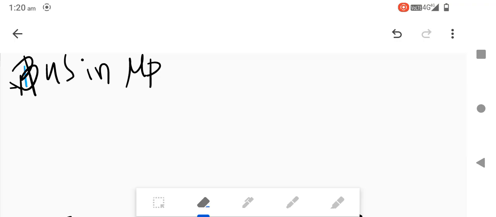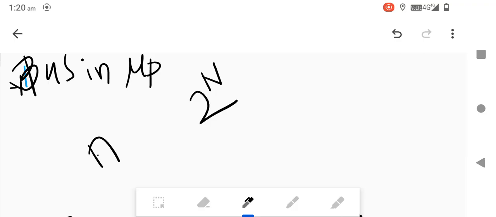The number of address lines determines the number of memory locations that the CPU can address. It can directly address 2 power n memory locations. This is all about the address bus.